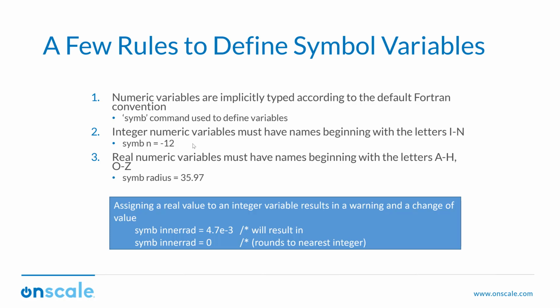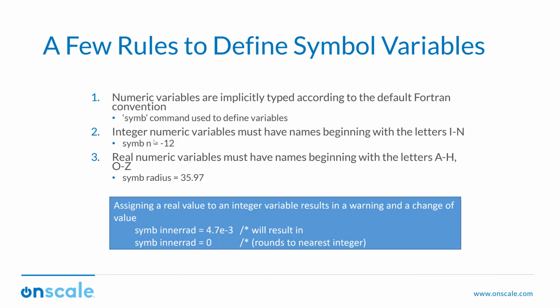The way it works is that integer numerical variables must have names which begin with the letters included in this I to N array. So if the name of your variable is between I and N in the alphabetical order, then this will be an integer.